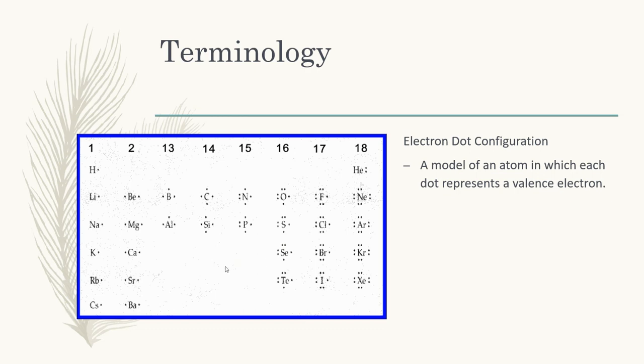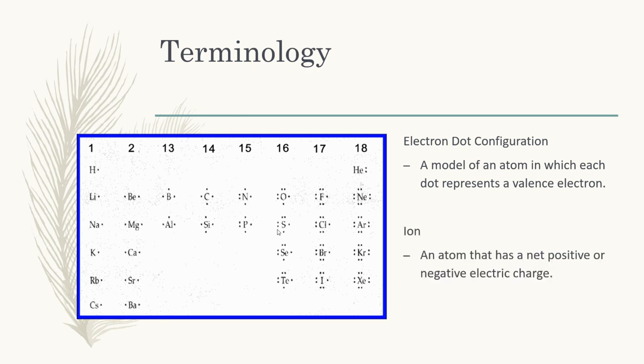So remember, hydrogen is in group 1A, so it has one electron, so it has one little dot. And then everybody in group 8A, except for helium, has 8 dots, and then helium just has 2. Now, there is a specific reason why, for example, beryllium's 2 dots aren't next to each other on the same side, or carbon's aren't paired up or anything like that. And we'll get to that more when we look at Lewis dot structures.